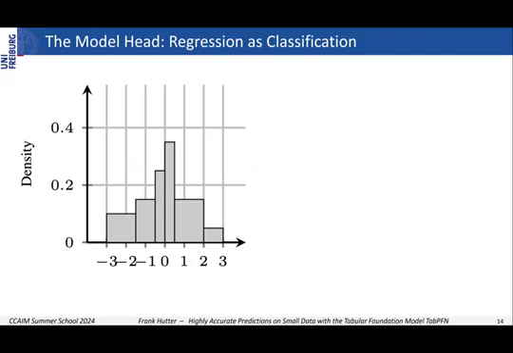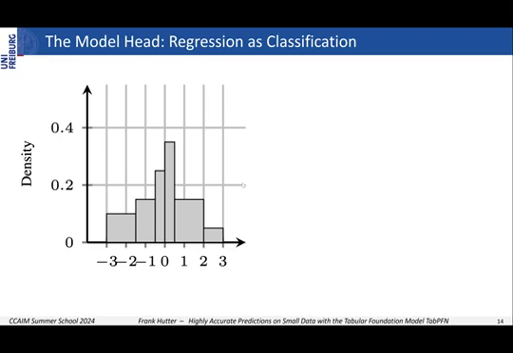All right, and the other thing that we do in order to make this possible, in order to just have our output distribution actually predict a full predictive distribution that's not necessarily a Gaussian or anything, is we actually do regression as classification.